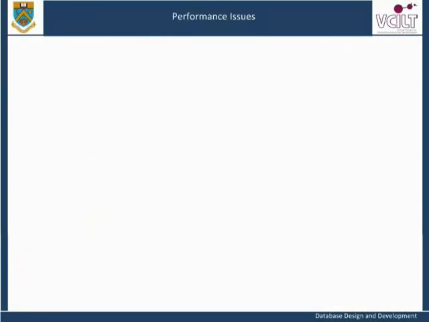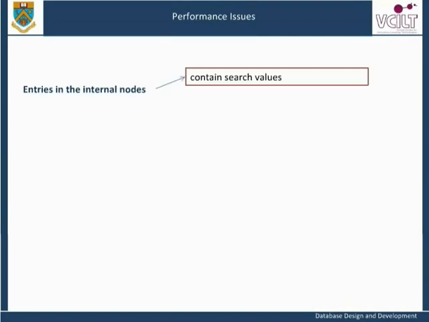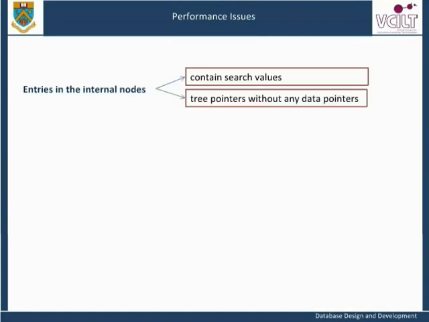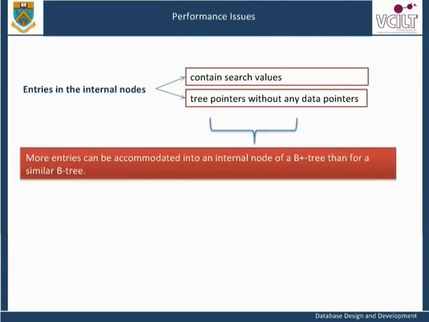Performance issues. Because entries in the internal nodes just contain search values and tree pointers without any data pointers, more entries can be accommodated into an internal node of a B+ tree than for a similar B tree. Thus, for the same block node size, the order P can be larger for the B+ tree than for a B tree.